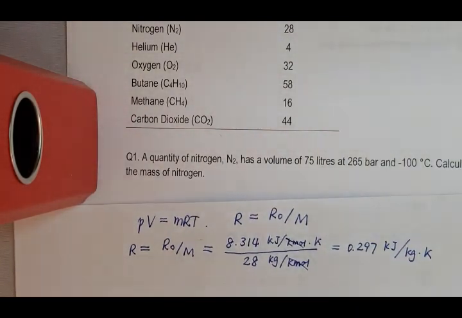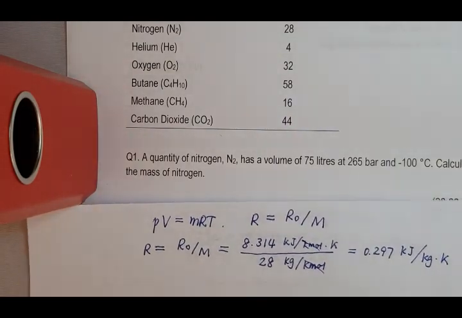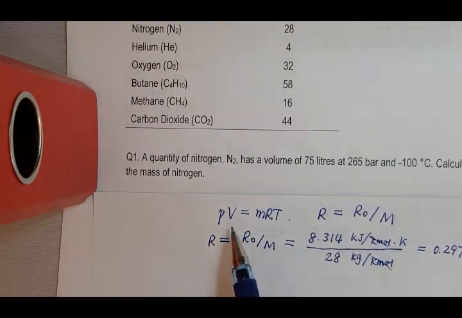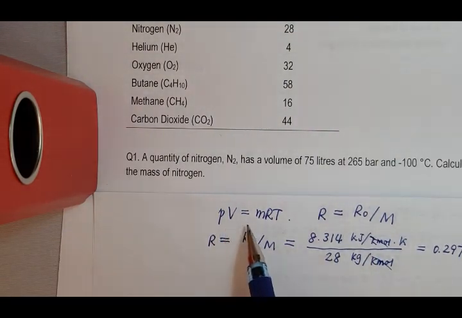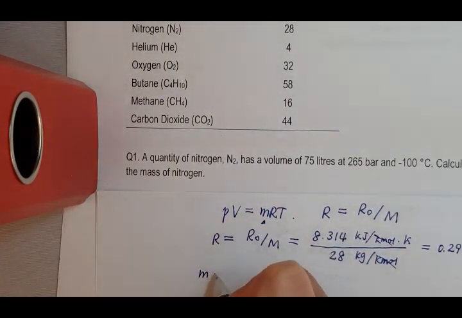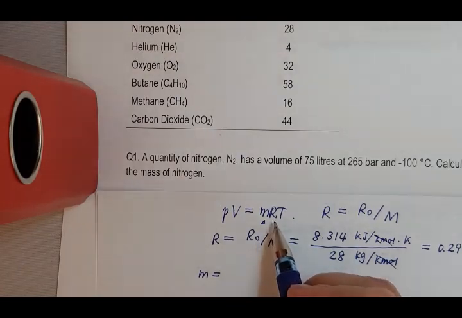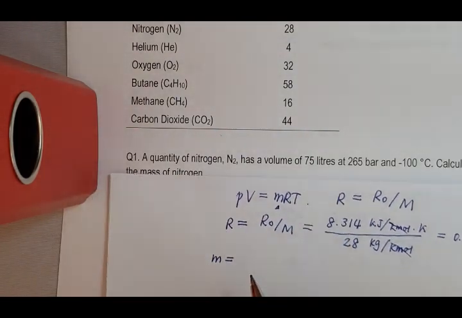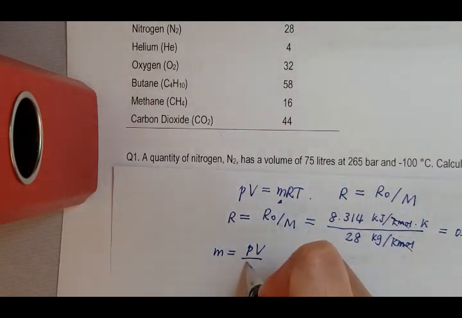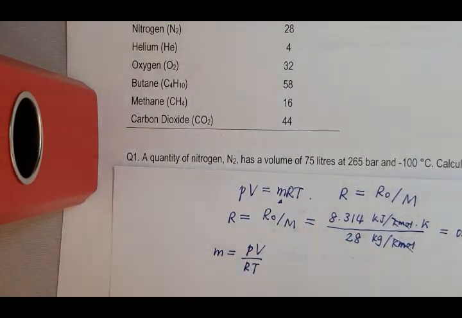Once we have calculated the value of R, we'll be able to calculate the mass. Depending on the equation PV = mRT, what we need to calculate is the mass. So the mass m is equal to, dividing RT on both sides, PV divided by RT.